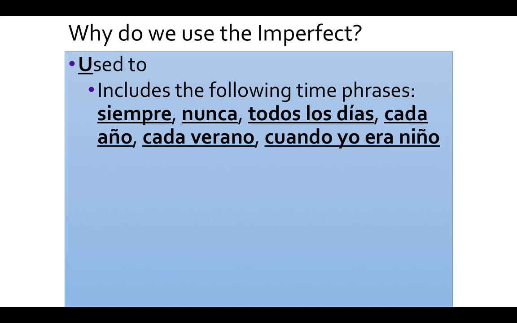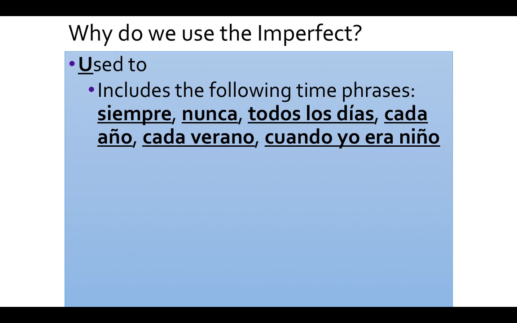The U in UTOAD stands for used to, which is oftentimes how the imperfect is translated. When I was a kid, I used to blah, blah, blah. And that kind of goes along with this expression, cuando yo era niño or niña. When I was a little boy or when I was a little girl, that's referring to childhood. Always an imperfect trigger. Cuando yo era niño.